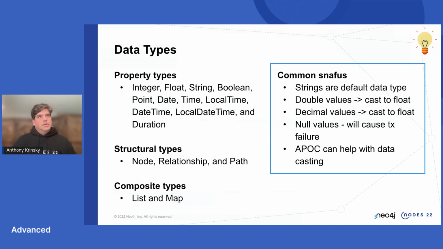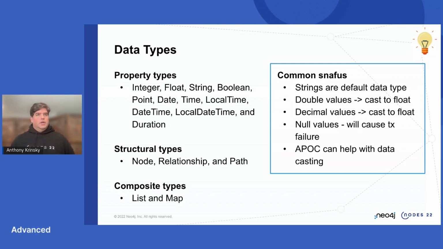Data types is an area where I hit some challenges. It was a little strange to me at first. We don't natively store doubles or decimals, and many of your source systems are going to give you doubles and decimals by default. And you're going to need to cast those to floats before you insert them into Neo4j. The default data type, when you're using some of our API calls to ingest sources, is going to be string.